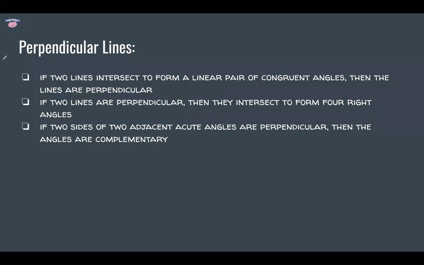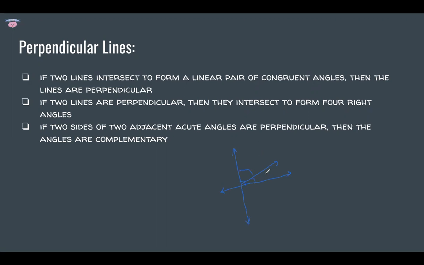If two sides of adjacent acute angles are perpendicular, then the angles are complementary. This is a relatively easy one. We know that these two sides are perpendicular, and we know they're adjacent acute angles. So this and this. If you want, just pause and try to work out the proof, but I'll show you.